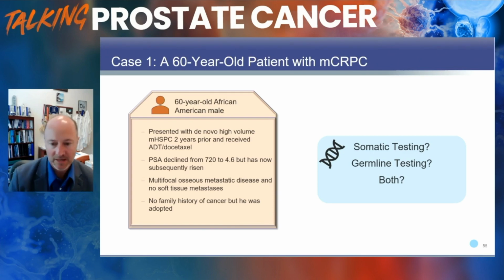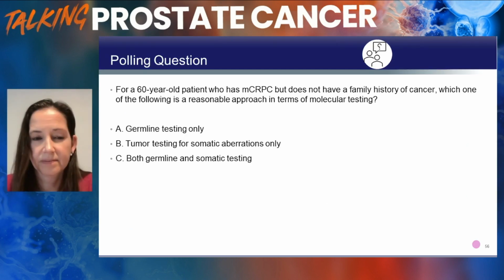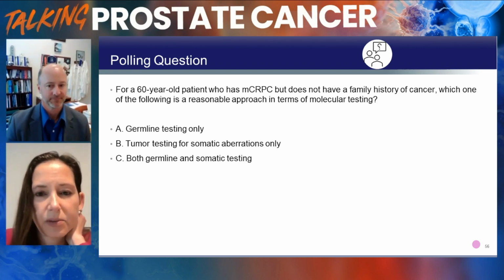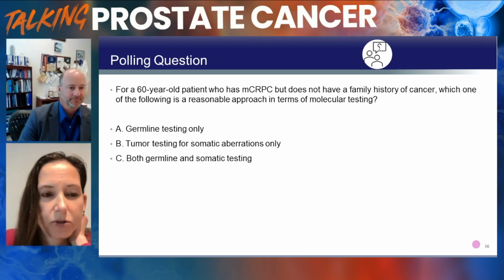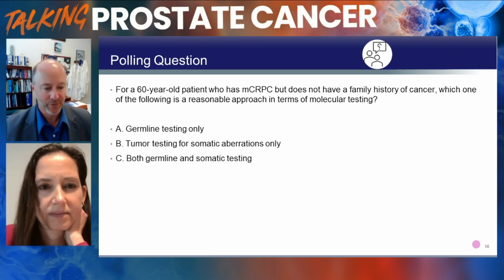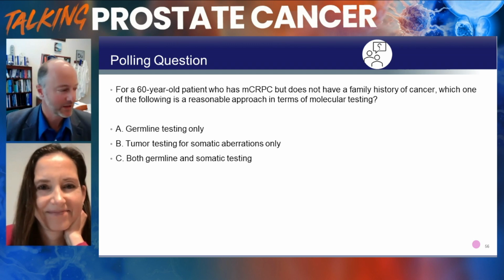Would you perform somatic, germline testing, or both on this patient who's now progressing in the mCRPC setting? So the polling question is a 60-year-old mCRPC, no family history. Should we do germline testing, somatic, or both germline and somatic? Okay, everybody's doing both testing, which is great.